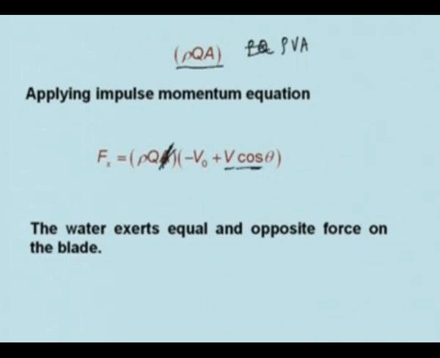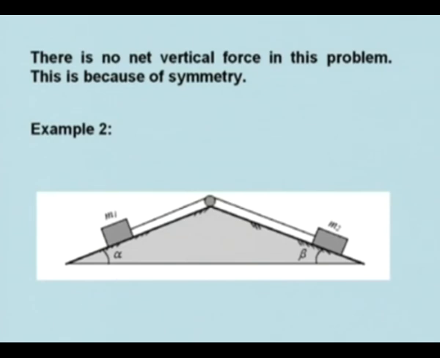So rho Q times (V cos theta minus V0) is Fx. So water exerts an equal and opposite force on the blade. There is no net vertical force in this problem because of symmetry.